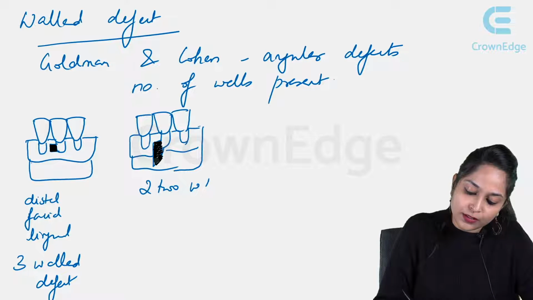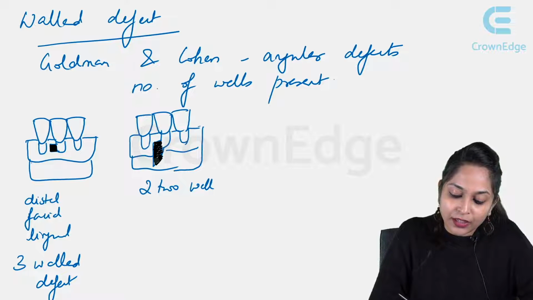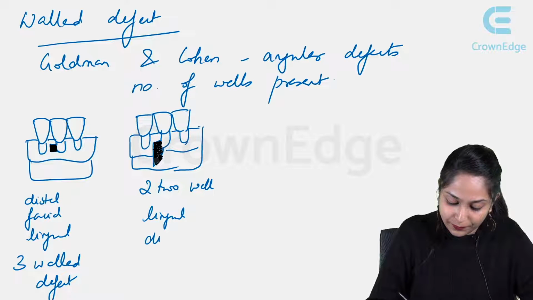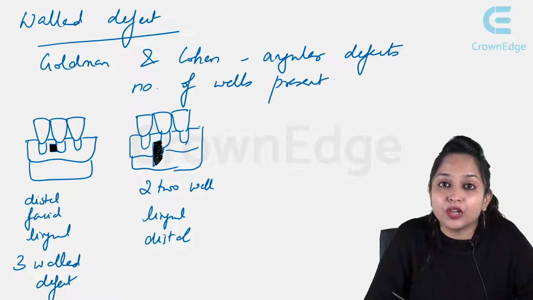What are the 2 walls that are present here? The lingual wall and the distal wall are present. What is lost here? The mesial wall and the facial wall are lost.